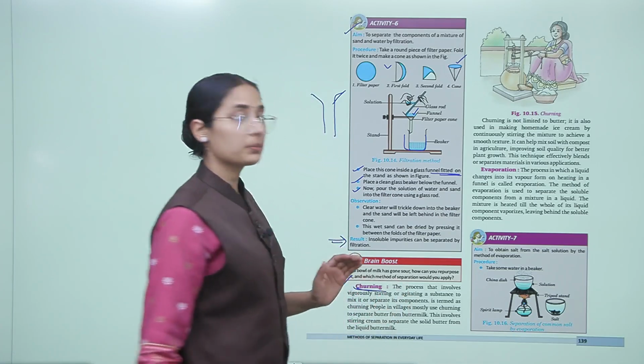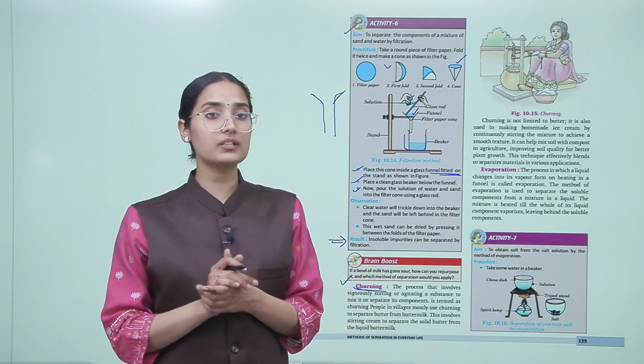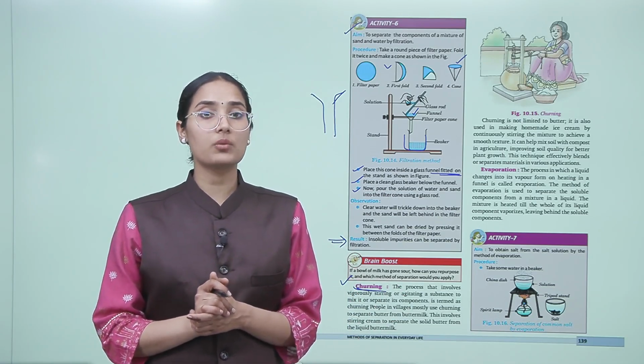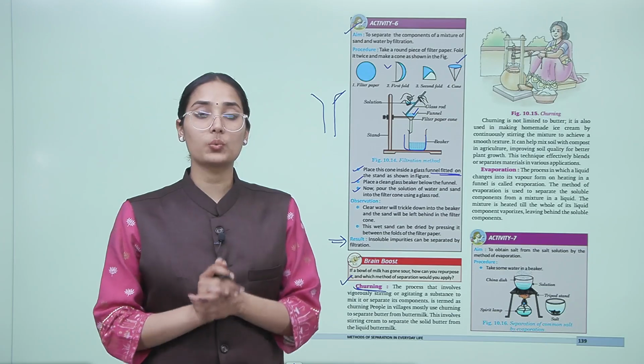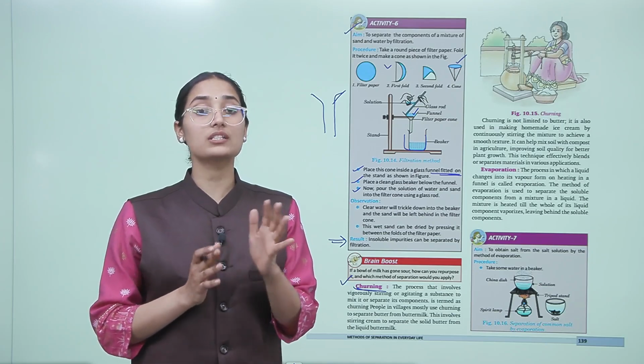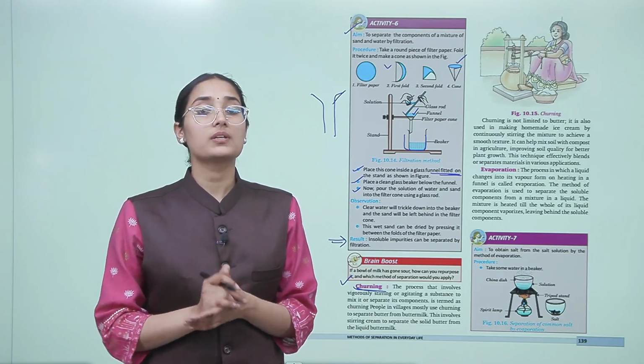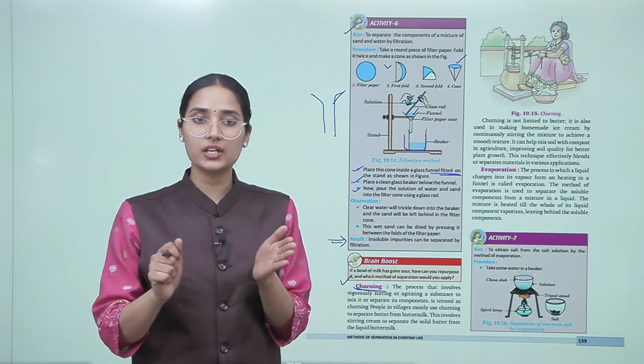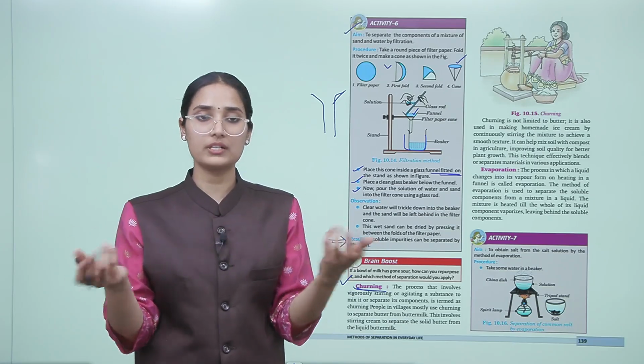Now students, there is one more process called churning. The process that involves vigorously stirring or agitating a substance to mix it or separate its components is termed churning. So what is churning? It is a physical method where the substances are vigorously agitated to separate different components out of it.